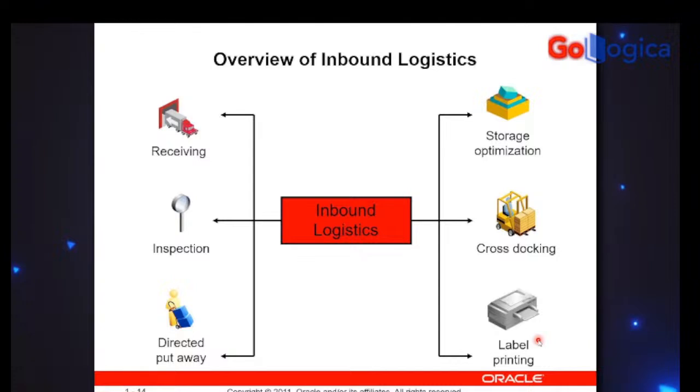There are seeded business flows where you can set those up, and once those are transacted, the label will be fired automatically. In the setup, we will be setting up your label types, then assigning those label types to business flows. We will be setting up the printers, and once the transaction is performed, a label is going to be fired.